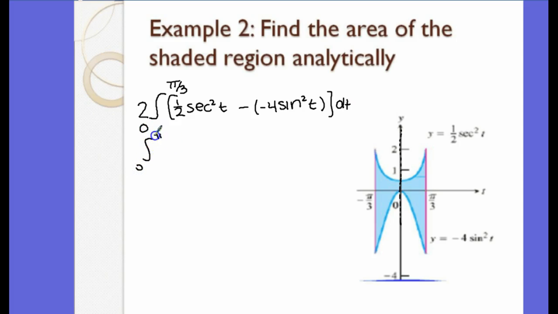Think of it as the integral from 0 to pi thirds of secant squared t, because the half and the 2 cancel. What do you know about a minus a minus? And what could I do to that 4 and the 2? Yep. Out in front of sine squared t dt.